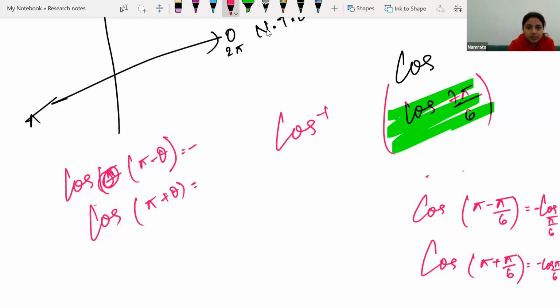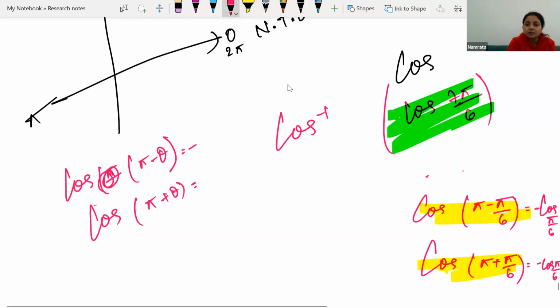Okay, so can we say this and this are the same, because both are giving minus cos pi by 6, right? Cos of pi minus pi by 6 and cos of pi plus pi by 6, it's the same thing. Cos of pi plus theta and cos of pi minus theta will give the same result if theta is the same, right? Can we say? Yes.